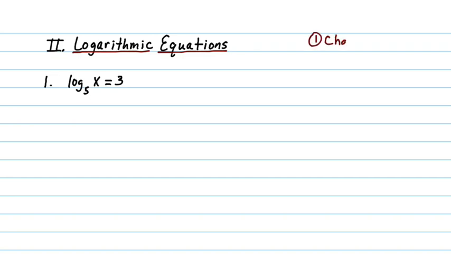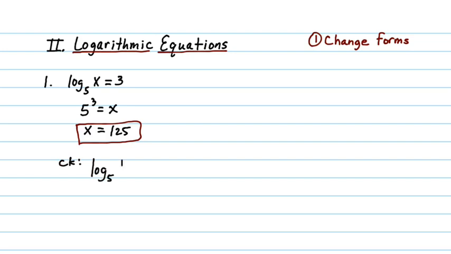So this would be 5. It's really the same as what we were doing with exponential functions. We're going to change to the other form. So let's go ahead and do that. We get 5 cubed equals x, and this is quite easy now. It's just 125.